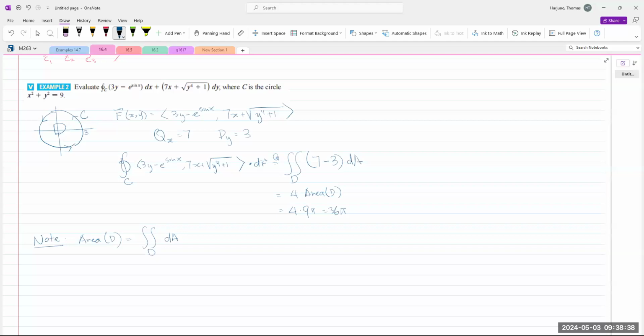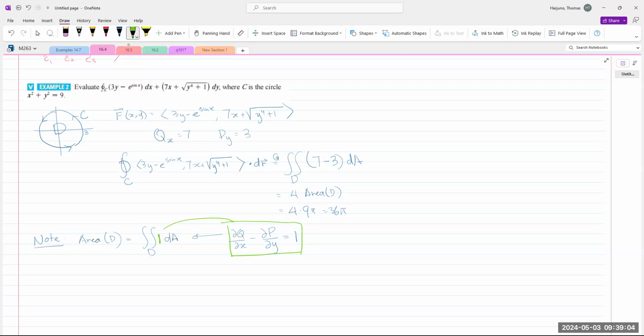Now, if you think about it, you can think of it as ∂q/∂x minus ∂p/∂y. You set that to be 1. That's the one you set to be 1.